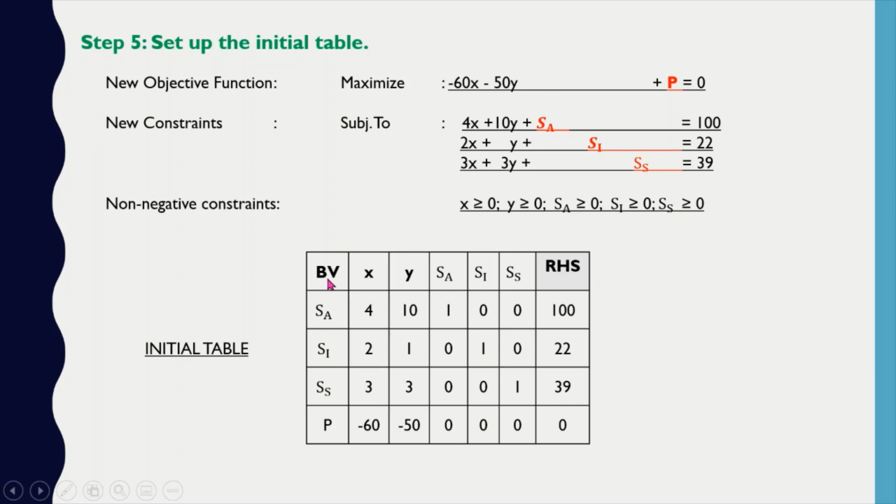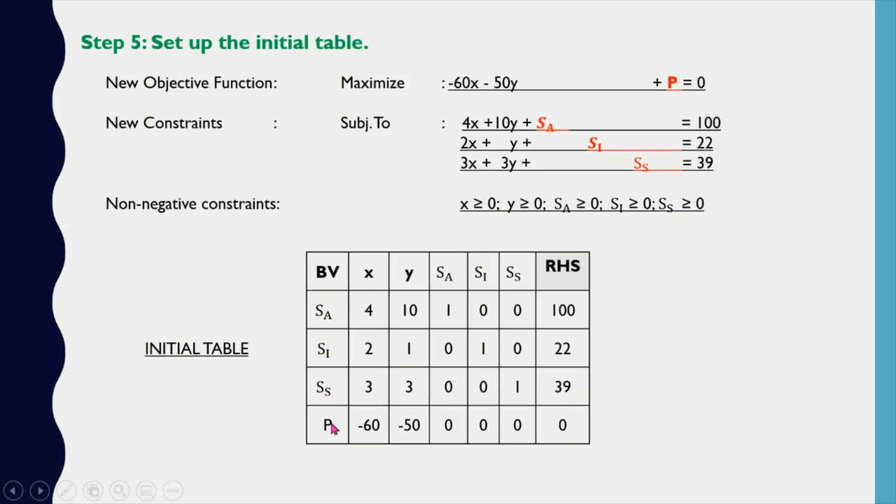Okay, so we have here for our row 1 right after our variables, this is intended for our slack variable for assembly. Then also we have here our slack variable for inspection, SI, and our slack variable for storage space, SS.